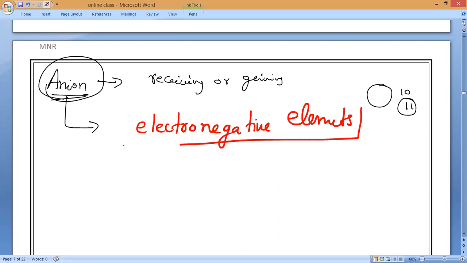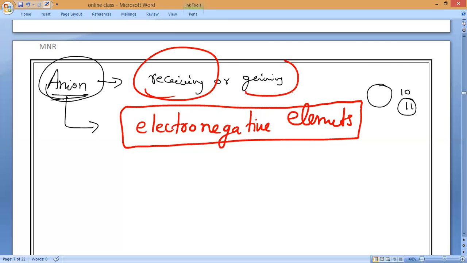Do you remember, Akilan? I taught you in the last class. The atoms which form positive cations are called electropositive elements. The elements which can form anions are called electronegative elements. Do you remember or not? Yes. So these elements receive or gain electrons.